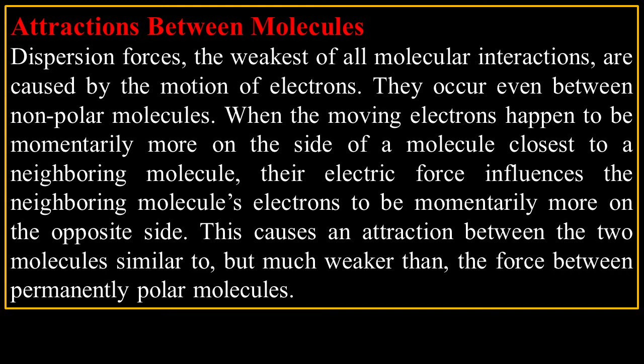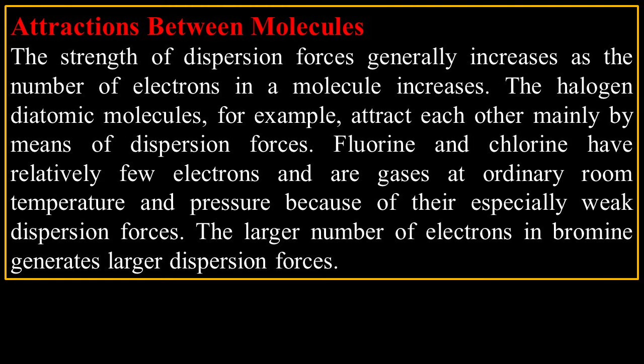These dispersion forces cause matter to have unpredictable properties, and we will study it in great detail in the coming chapters. The strength of dispersion forces generally increases as the number of electrons in a molecule increases. The halogen diatomic molecules, for example, attract each other mainly by means of dispersion forces.